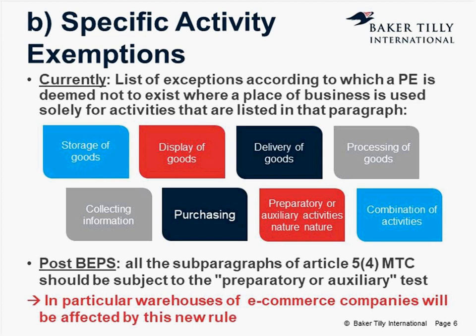And these activities are normally activities that cannot be linked to specific or huge profits. So we named them on the slide. That's usually the storage of goods, the display of goods, or the delivery of goods. So a classic example would be the consignment stock. Goods are taken by the customer, the processing of goods, collecting information, purchasing.